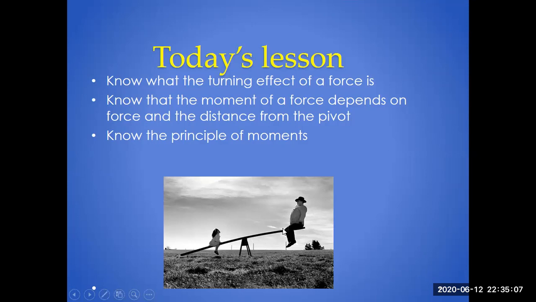Another definition for moment arm is the perpendicular distance from the point of rotation to the line of action of force. If this one is the line of action of force and this is the pivot point, the perpendicular distance between the two is basically called the moment arm. If you multiply force by moment arm, you basically get the principle of moments.